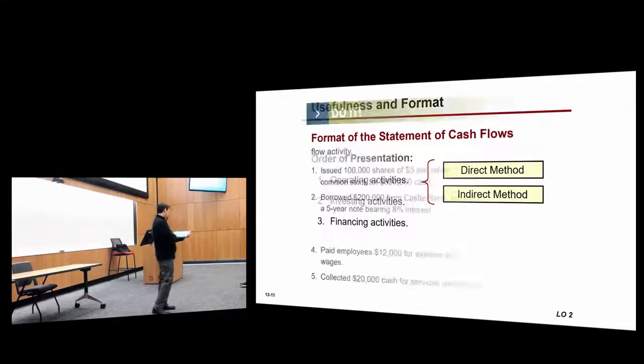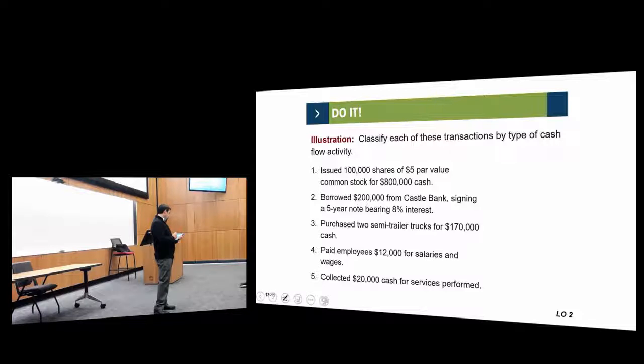Okay? So here we need to classify each of these transactions by type of activity. The company issued 100,000 shares of $5 par value common stock for $800,000 in cash. Think about it. The company is issuing stocks.